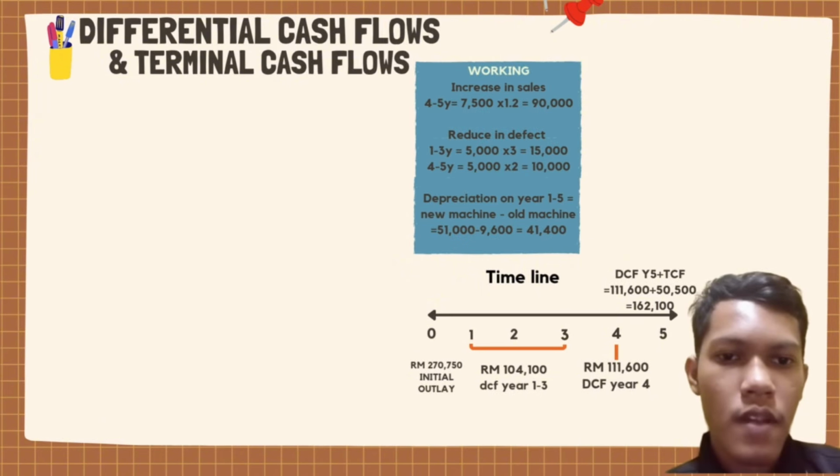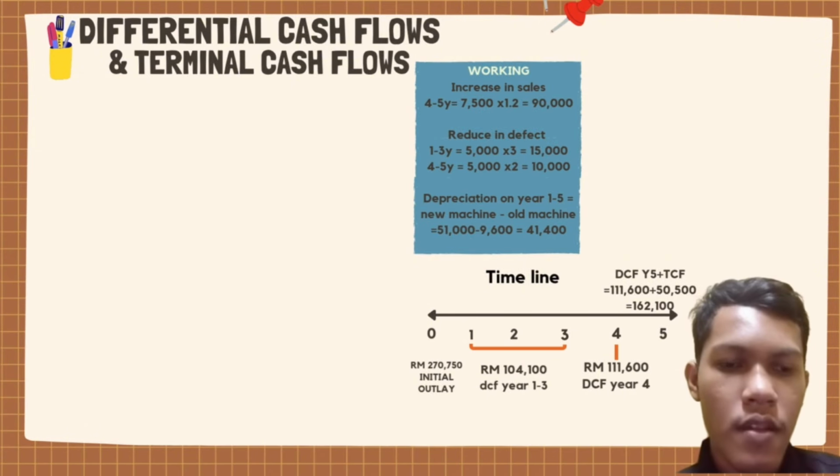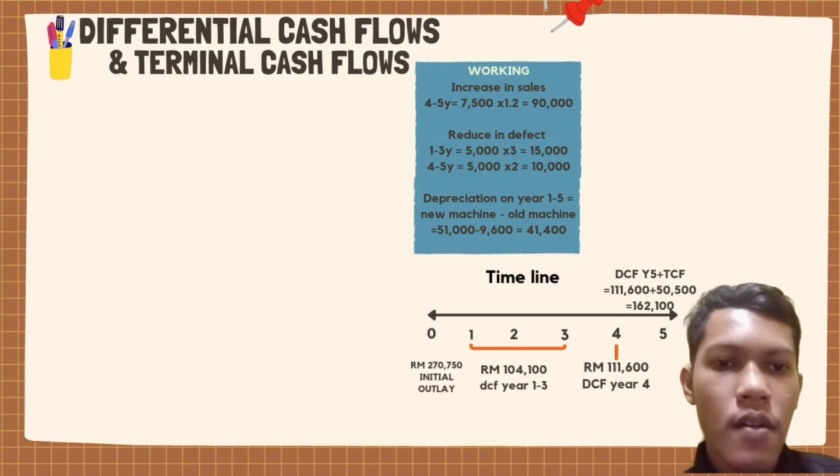0.4823 multiplied with 111,600, and we got 53,824.68. And for year 5, we still use the single sum present value, which is 0.4019, multiplied with 162,100, and we got 65,147.99.